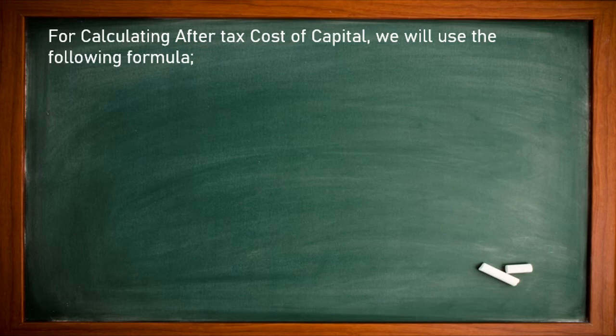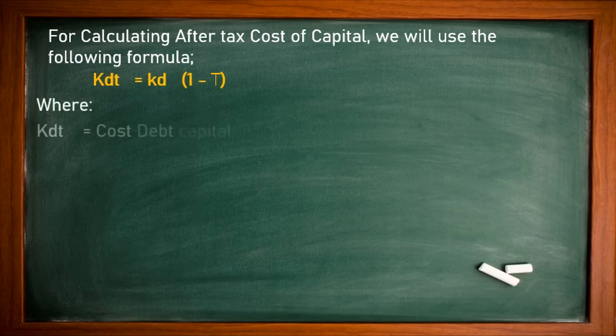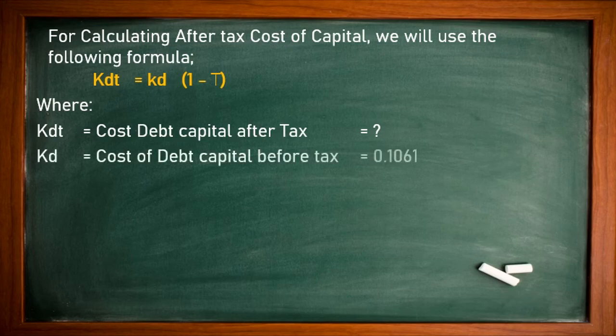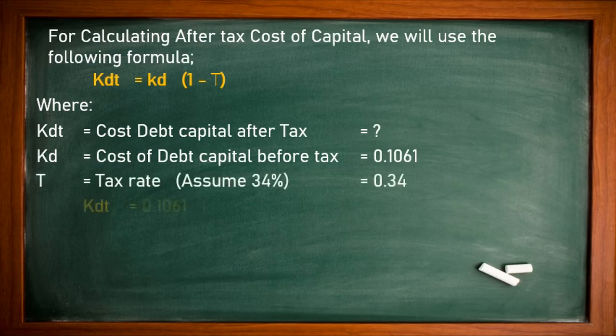That's why we need the after-tax formula for debt capital. Here we are using KDT is equal to KD times (1 minus T), where KDT is the cost of debt capital after tax, KD is the cost of debt capital before tax, and T is the tax rate.